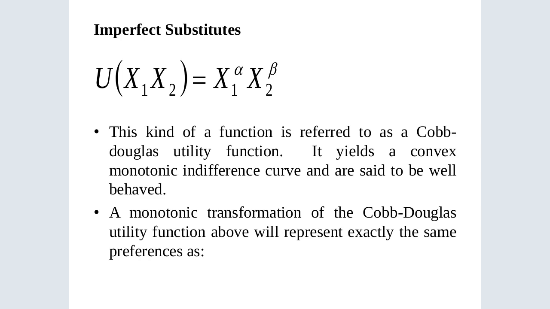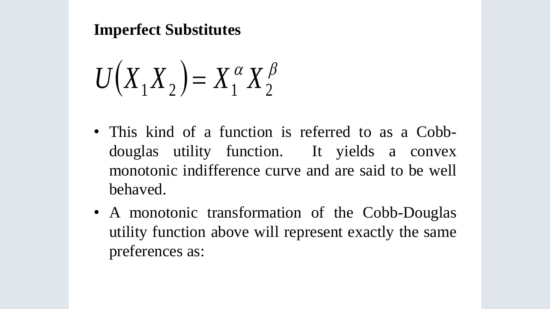Now for imperfect substitutes, we have a utility function that is described by that equation, and it is known as the Cobb-Douglas utility function. So that kind of utility function is referred to as the Cobb-Douglas utility function.